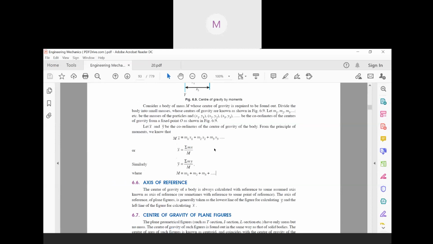Or sometimes maybe point of reference. This reference is taken as the lowest line of the figure for calculating y bar, and the left line for calculating what? X bar.